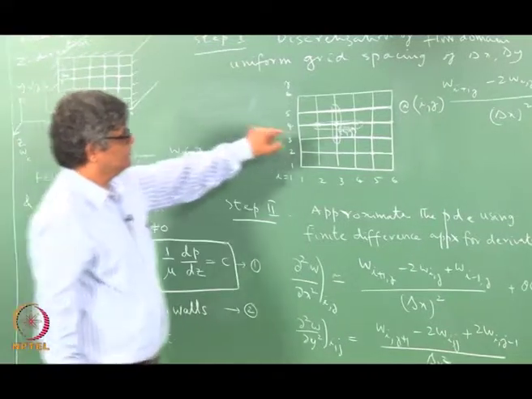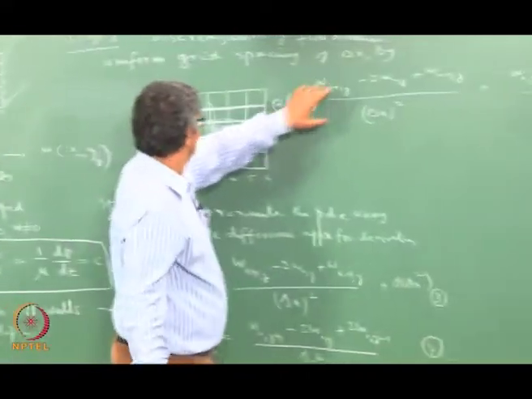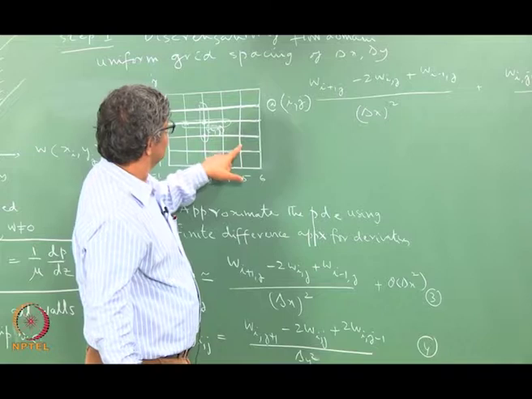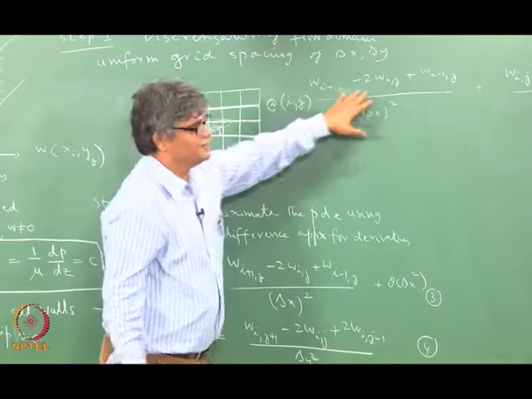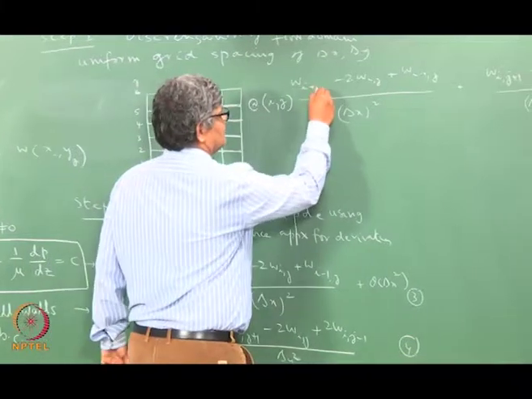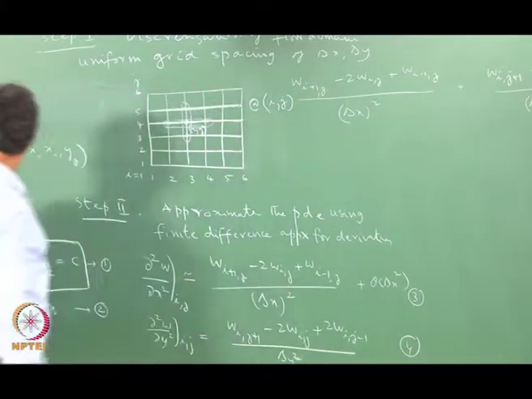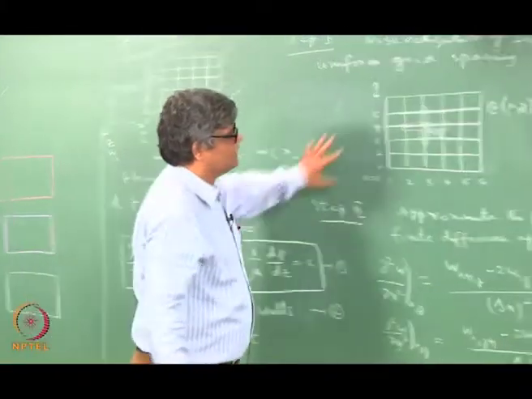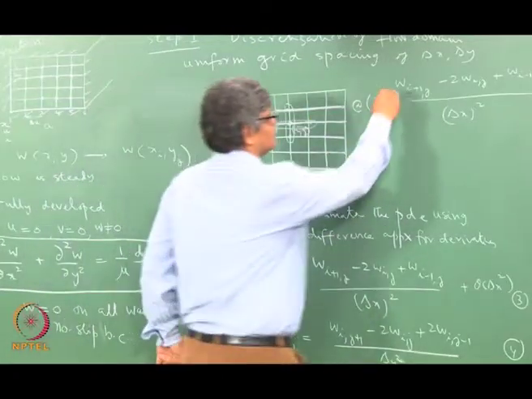So, we can use this approximation only at point i, j. If we want to write it at some other point, we have to change the values here.